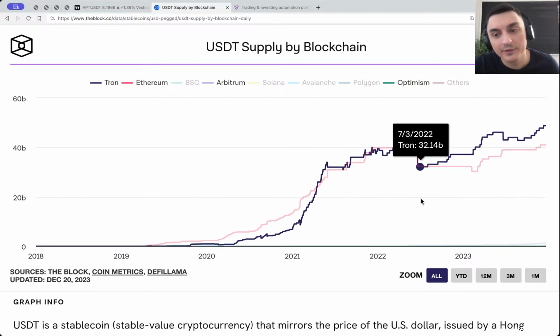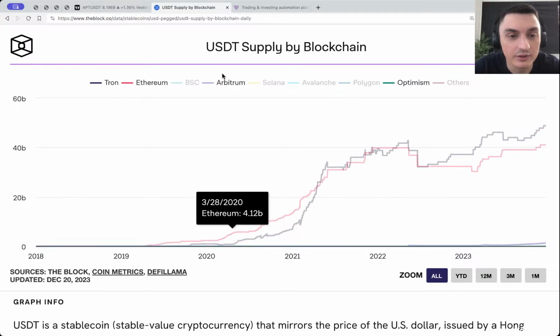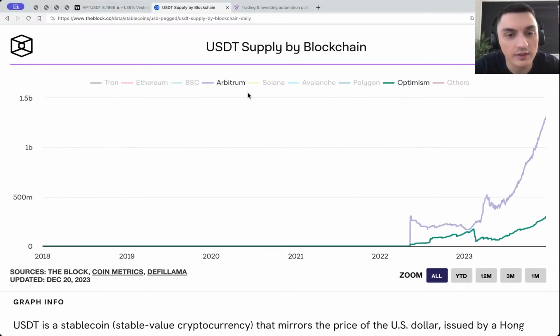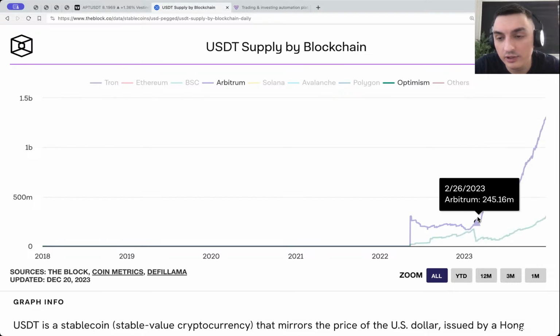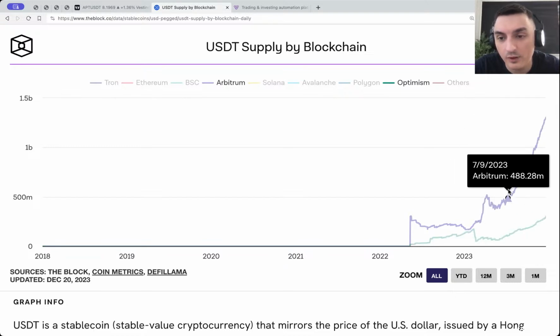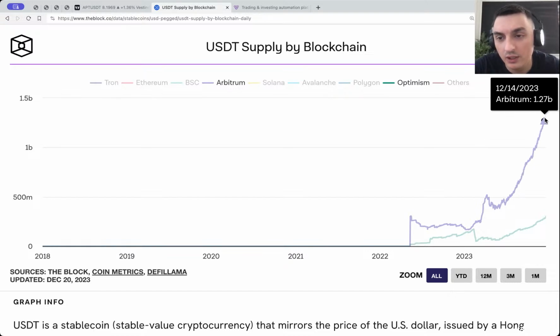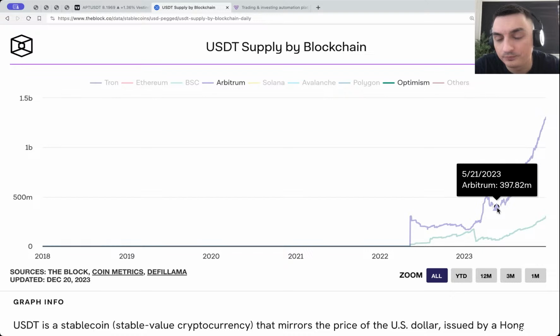Another really interesting trend here is that, lower down, other blockchains like Arbitrum or Optimism are emerging really hard. You can see that on the Arbitrum network we see a really big increase in supply.